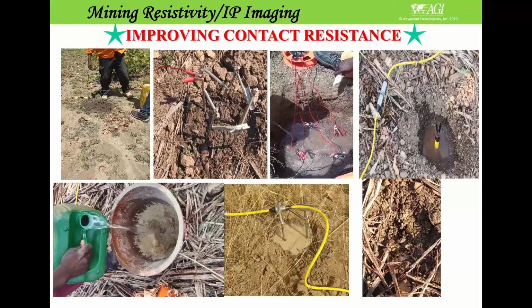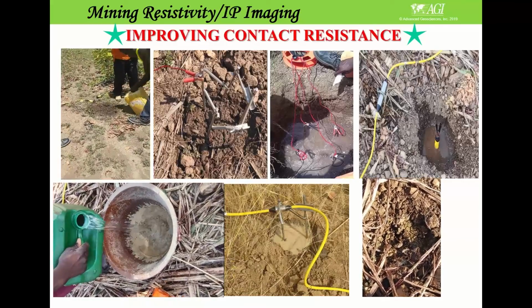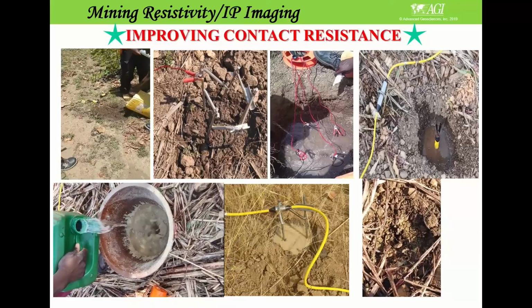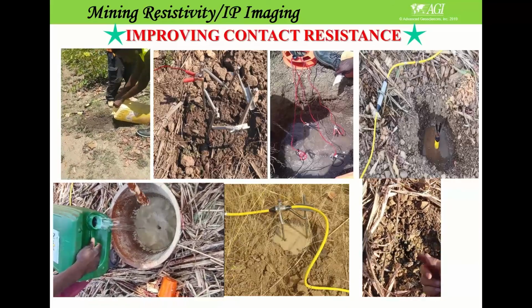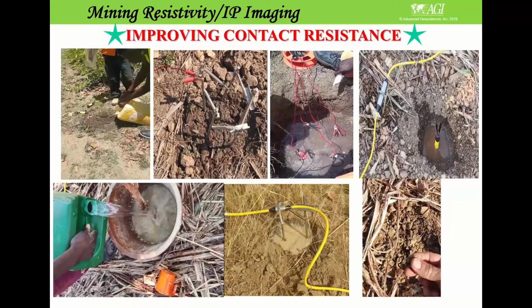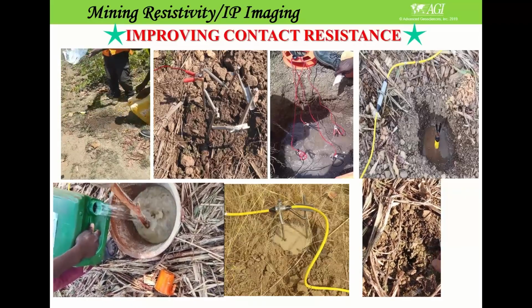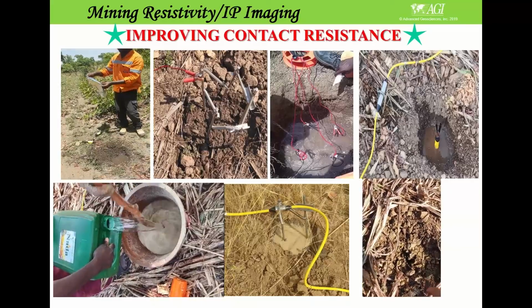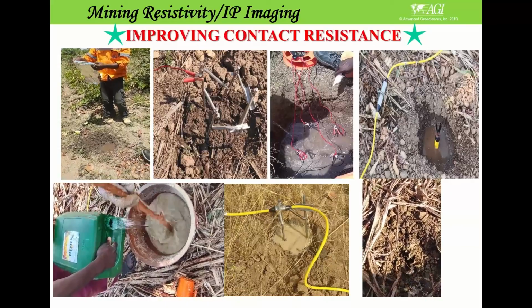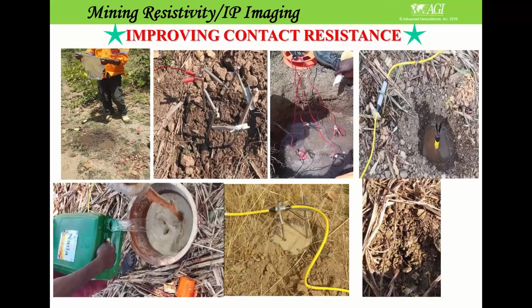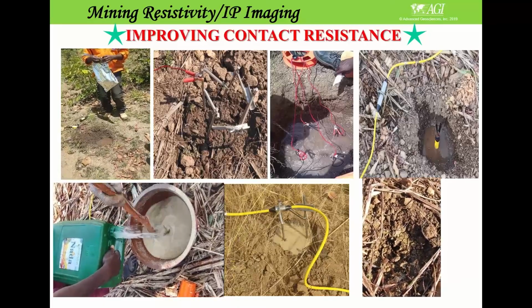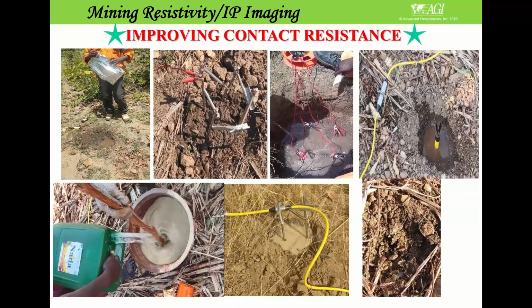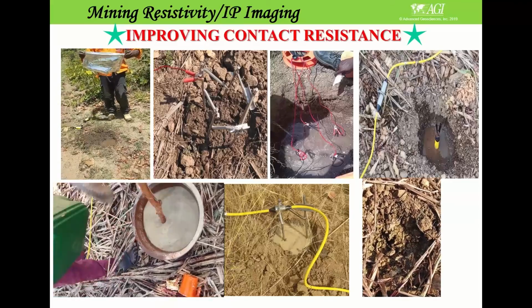There are many different things you can do to improve the contact resistance. Here on the left bottom, you can use a bentonite solution, which keeps the ground moist, especially for current electrode locations. It keeps it moist not a whole day actually, it remains there a couple of days.